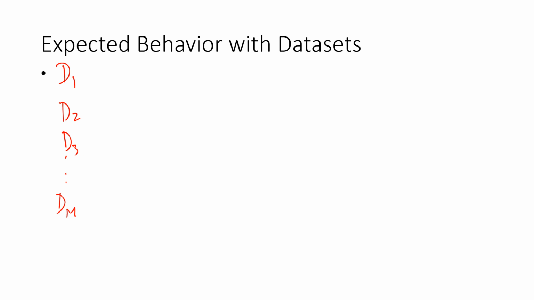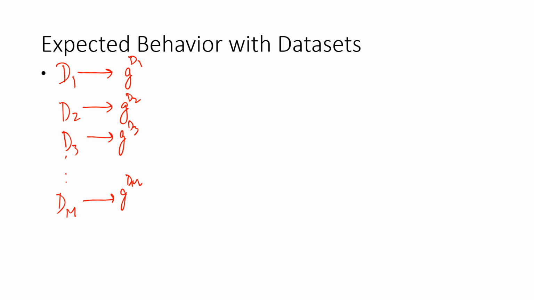And let us assume that for each of these Ds, we have a final G that we get, depending on whatever hypothesis set we are using. The way we are labeling this is G of D1, because we used data set D1 to get this G, and this G of D2, G of D3, G of DM, right?